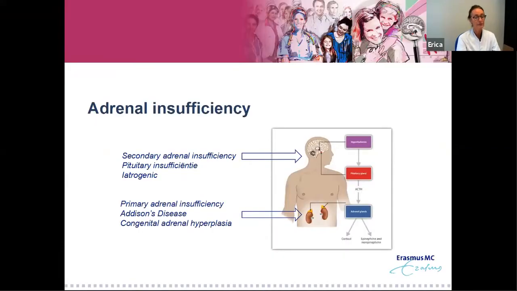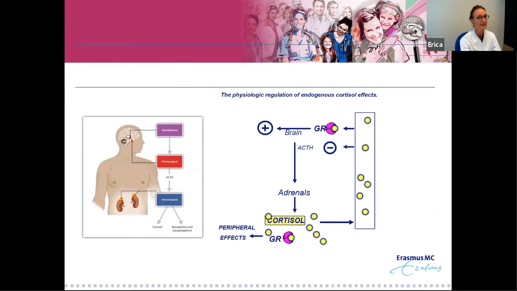So what type of adrenal insufficiency are we talking about? We know there are several types. First, there is the primary adrenal insufficiency, which is a defect at the level of the adrenal itself. And there is secondary adrenal insufficiency at the level of the pituitary gland. And the second one is the case when you talk about iatrogenic adrenal insufficiency in the case of glucocorticoid treatment.